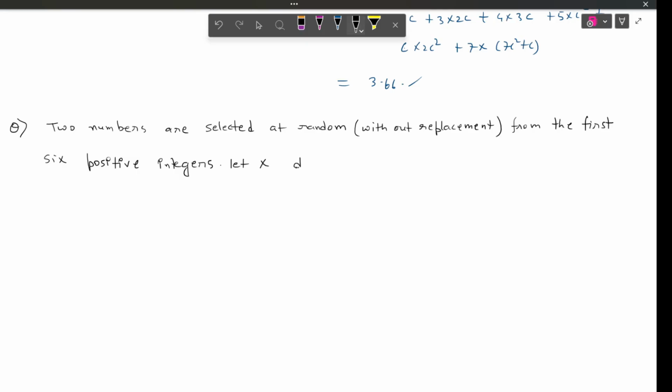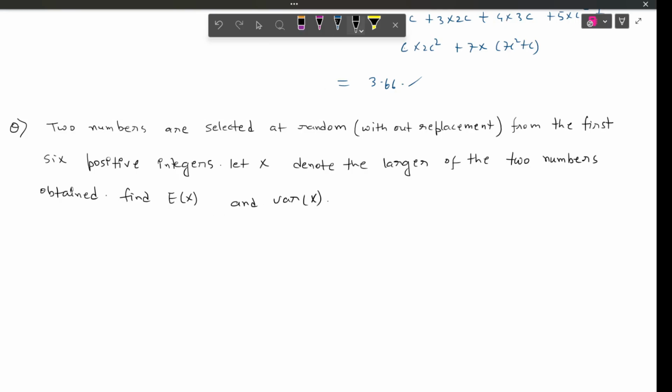Let x denote the larger of the two numbers obtained. Find expectation of x, that means you have to find out mean, and variance of x. So let's see the solution.